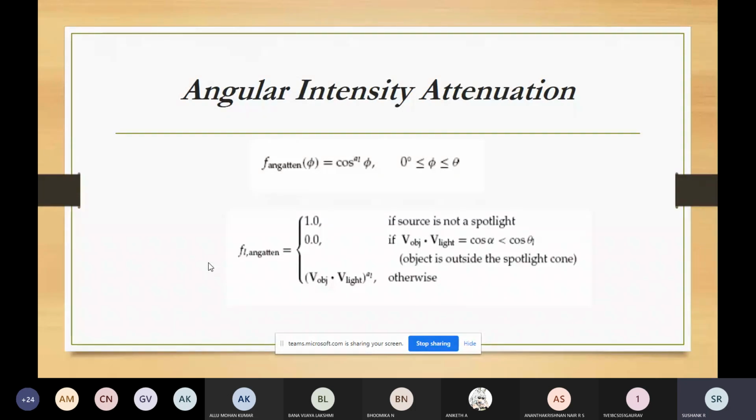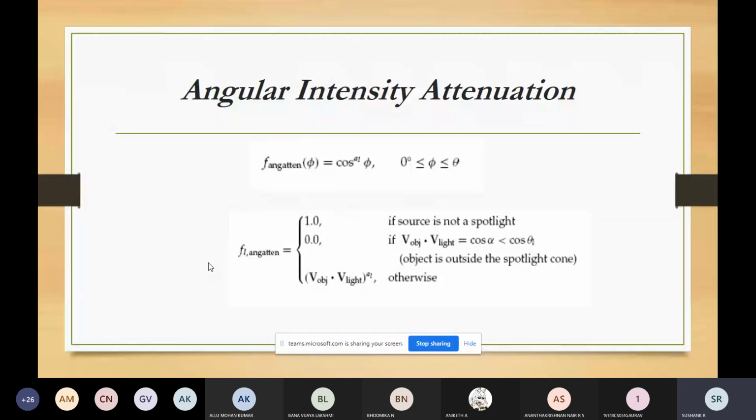It will allow you to simulate a cone of light, where the light is most intense along the axis. So along the axis of the cone, the light will be more intense, and as it moves farther away, the intensity will keep on decreasing. This is the concept we use to define or calculate the angular intensity attenuation.